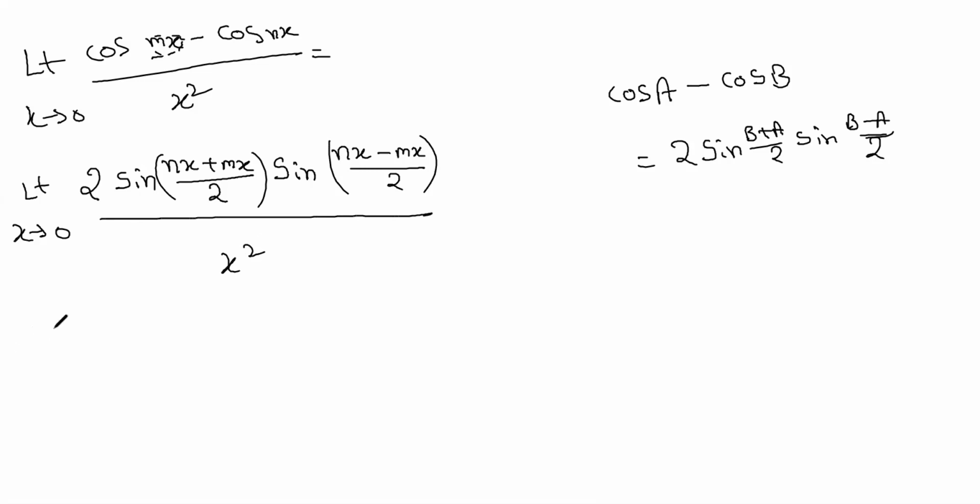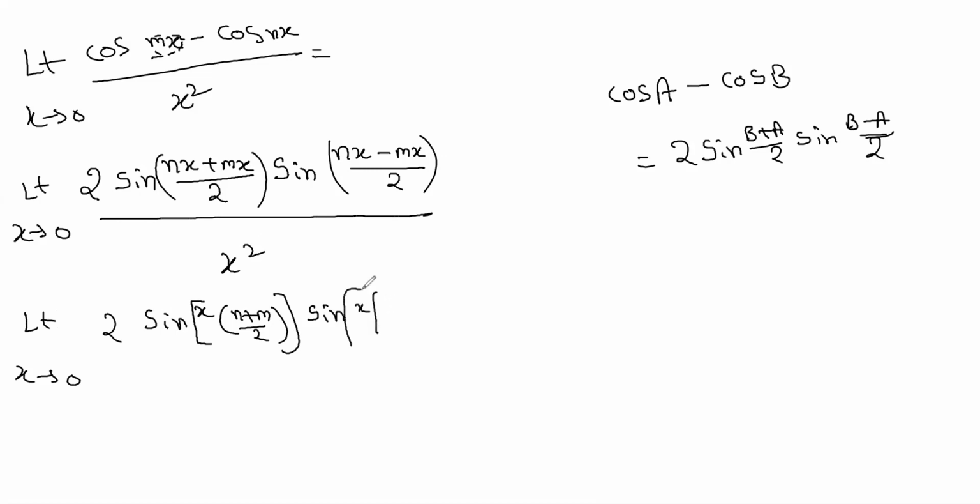So now if I look at it thoroughly, I can write this as 2 into sine of x times n plus m by 2, sine of x times n minus m by 2, since x is common. I can write this x square as x by x.